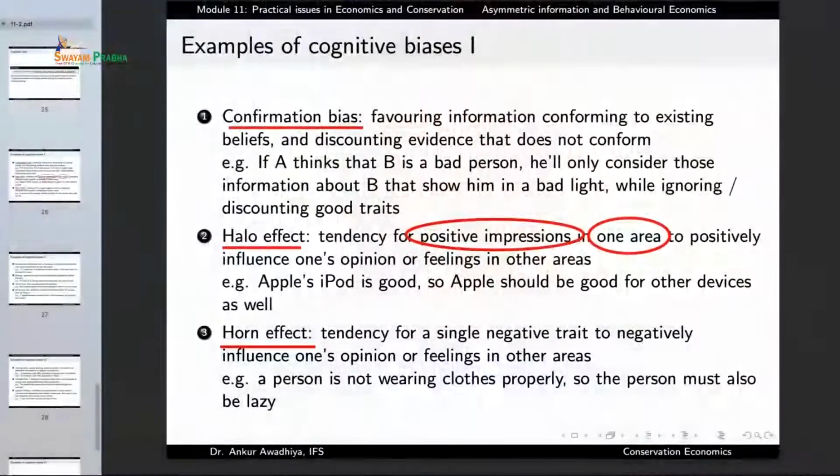A person using the horn effect would just look at those 5 families and flash it on the media and say, see, these are the 5 people who wanted to live inside, but everybody has left them. And so conservation is bad. We should not be making any national parks. So that is the horn effect.